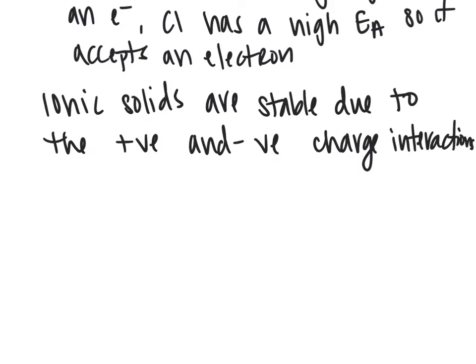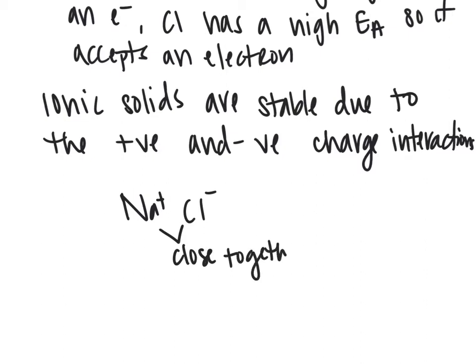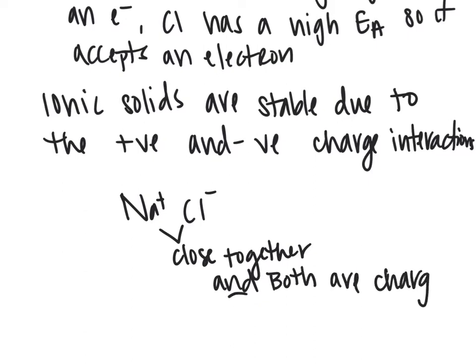So we know that in this case, when sodium plus interacts with chlorine minus, these two elements are close together and both have a charge. Once we know this, we can start to think about the stabilization.